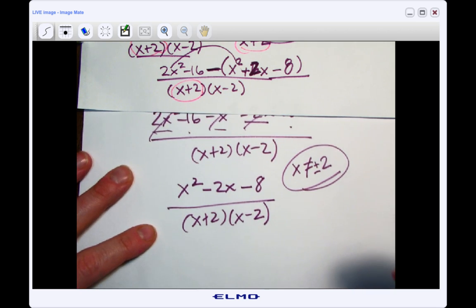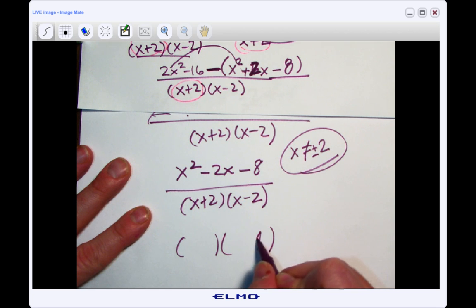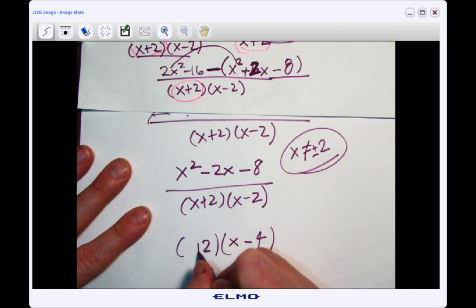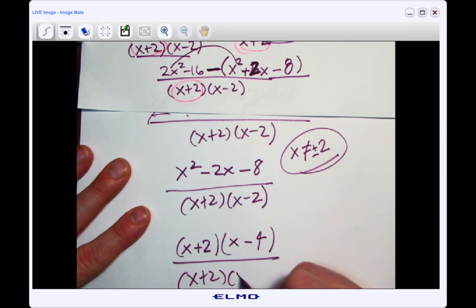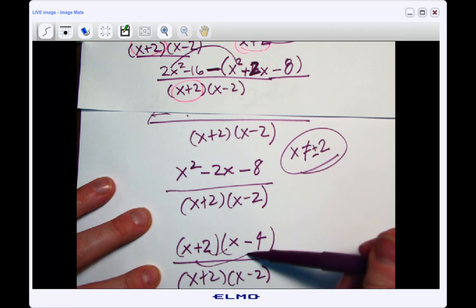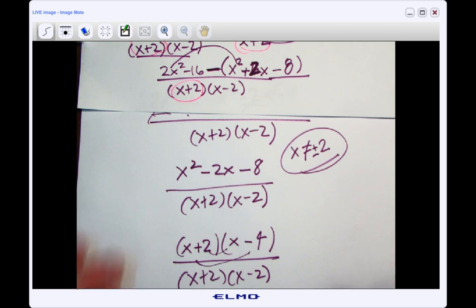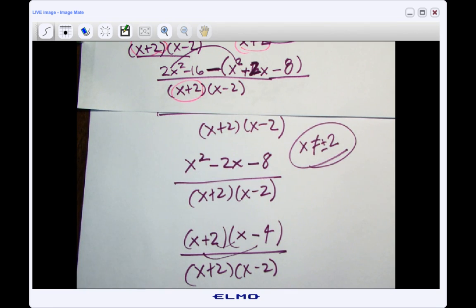Now, the last thing I'm going to do with this one, actually, you know what? Let me just see. Does this factor, 4 and 2? I think it does, doesn't it? Does that work out? So that's a plus 2, a minus 4, and that will give me a negative 8. All right, so this one actually reduces. You ready?